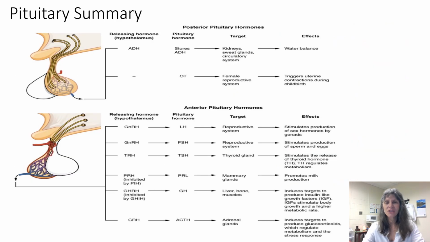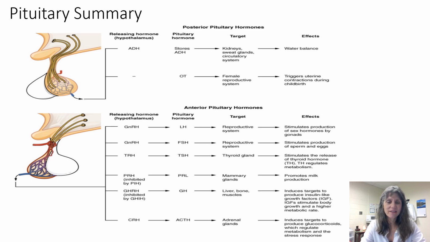Here we have a chart, a summary of the hormones that are produced by the neurons that have axons that go to the posterior pituitary or neurohypophysis, and some of the effects of those hormones, as well as with the neurons that secrete hormones, releasing hormones or inhibiting hormones from the hypothalamus that go to the adenohypophysis or anterior pituitary gland.